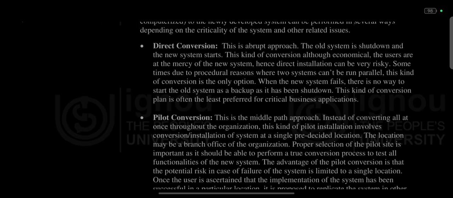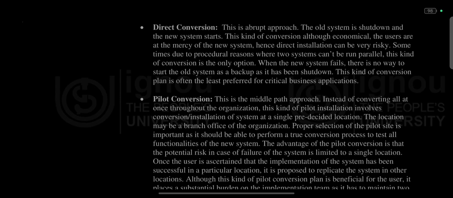Direct conversion. This is an abrupt approach. The old system is shut down and the new system starts. Although this kind of conversion is economical, the users are at the mercy of the new system.